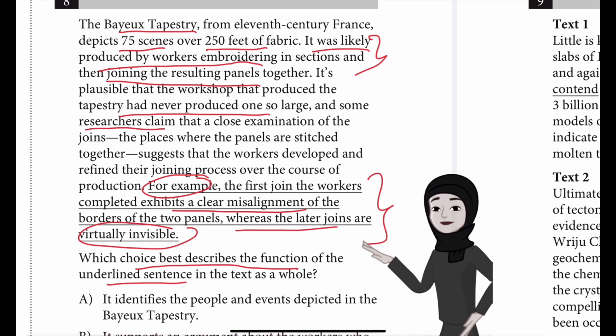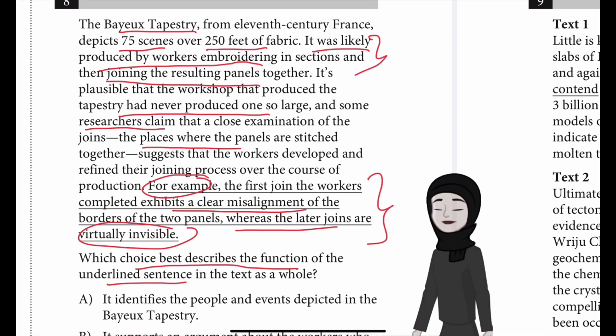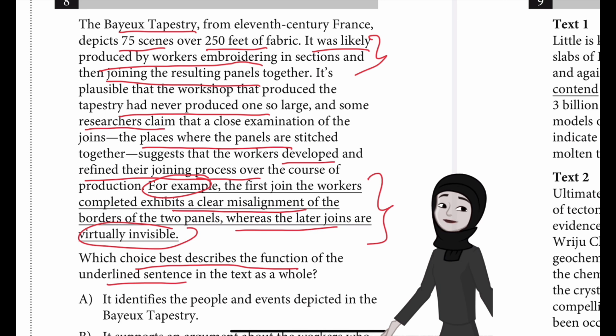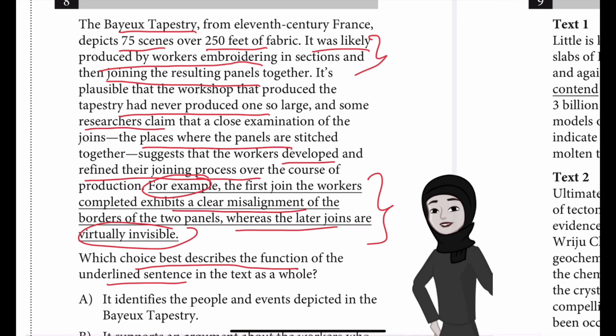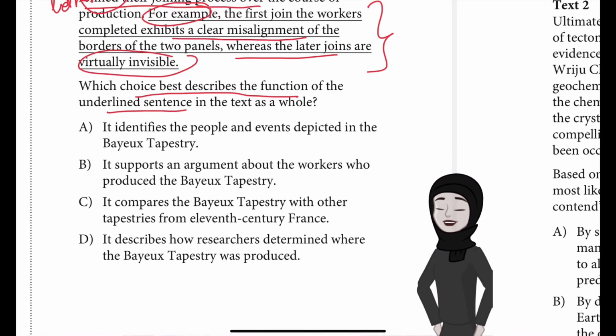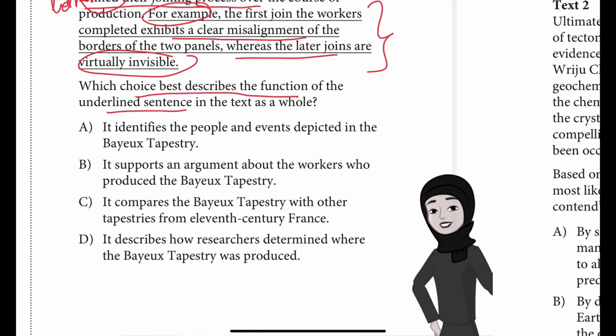And the workshop that produced the tapestry had never produced one so large. And the researchers claim that at the places where the panels are stitched, workers developed and refined their joining process. That means at first it was not a very good joining process, and later it became more refined or better. So which should we choose? If you said B, well done, that is the correct answer.